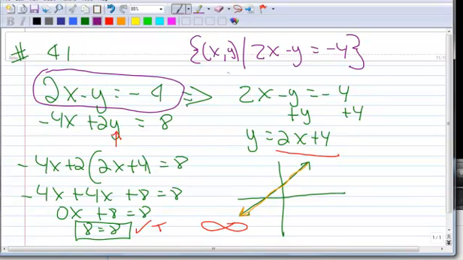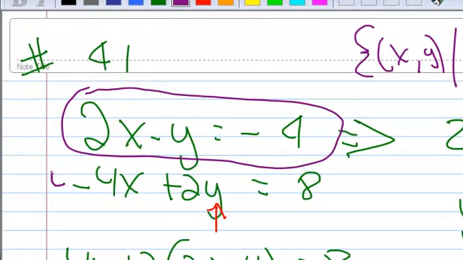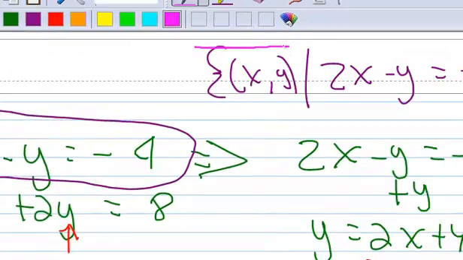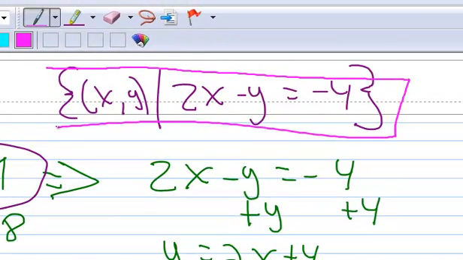In fact, you could divide the next equation by negative 2, and you would find out that this equation is equivalent to the first equation. So basically they're the same equation. It's just that the second one has been multiplied by negative 2. So this is how we're going to represent our solutions, also knowing we have infinite solutions.